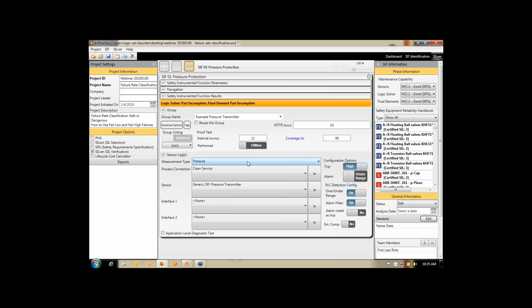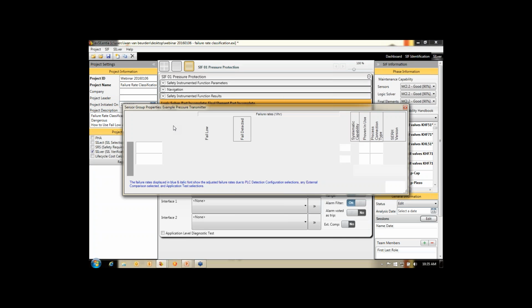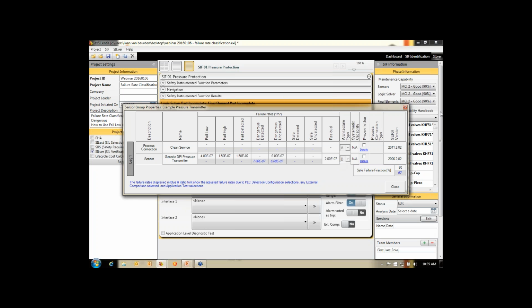If the failure ends up in the out of range, we know something is wrong with the transmitter, and we can address that. And we can decide to continue to operate, but we basically prevent the spurious failure.